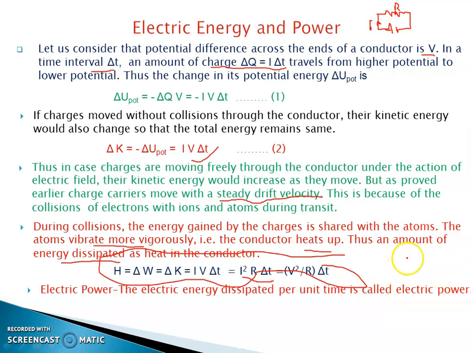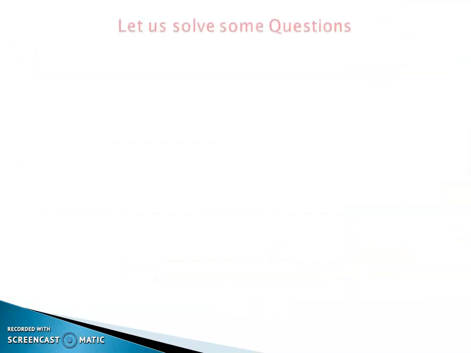Now heat dissipation, we get the formula IV delta T, I square R delta T, V square by R delta T. If we divide these equations by time, we get I into V or I square R or V square by R. This is the electric power, and the unit of electric power is watt. Joule per second means watt, right?